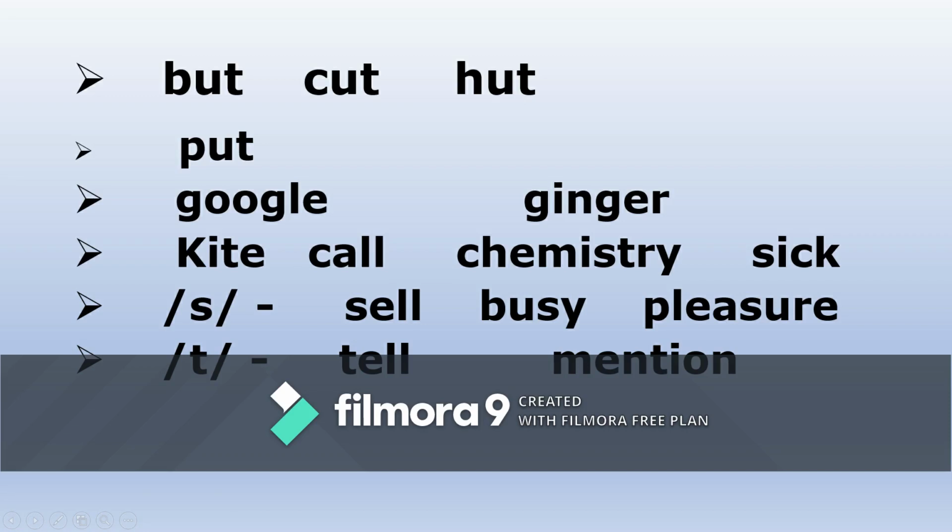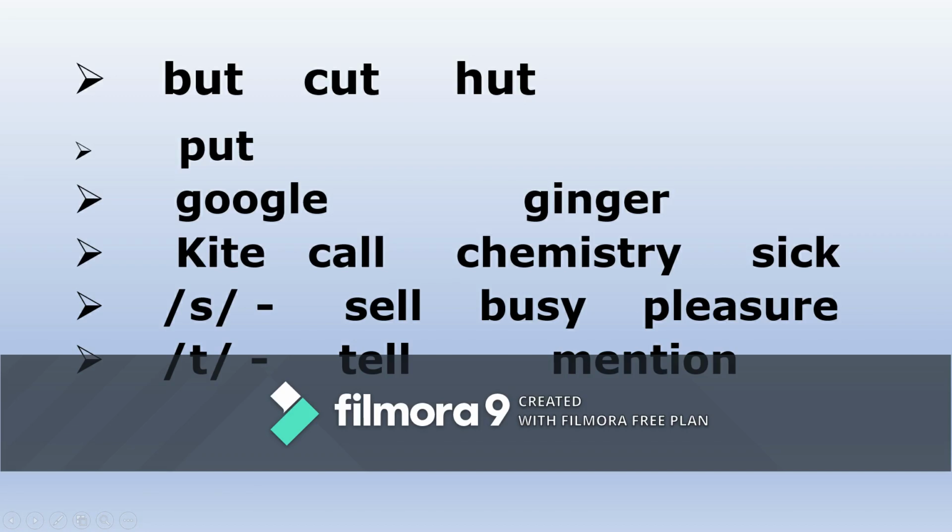S is pronounced as s in sell, z in busy, and j in pleasure. If you see the last example, t: tell and mention. In tell it is pronounced as t, and in mention it is pronounced as sh.